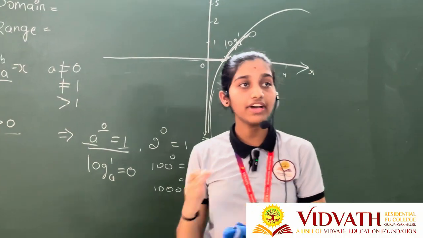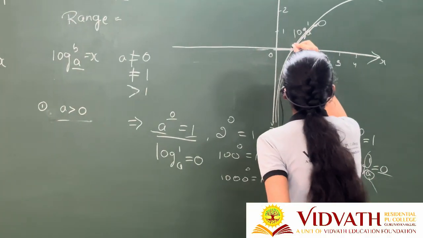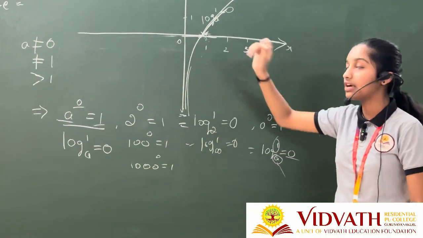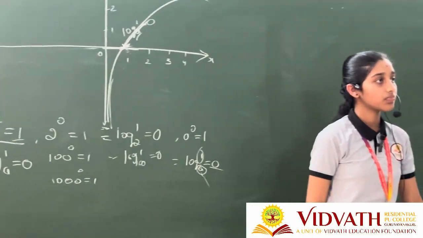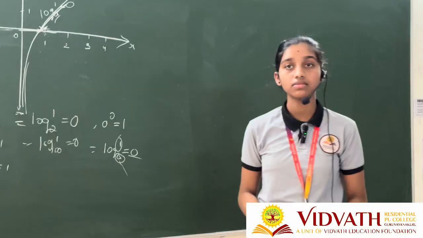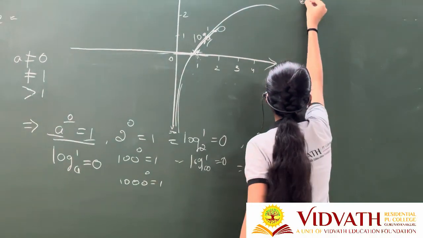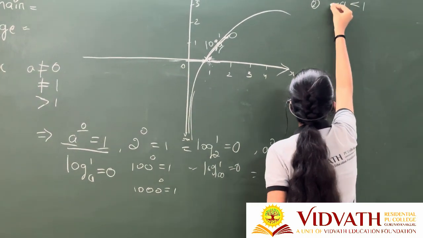Log is never defined for negative numbers, 0 or 1 as a base. So the graph of log always passes through this point, log of 1 is 0. Okay. Next case, a is in between 1 and 0.